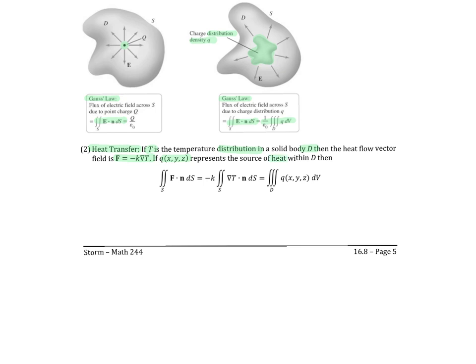So it's similar to that other diagram where Q was a point charge. Well, this would be the same thing, but instead it's heat. Then you can use the following formula or integrals to compute the heat transfer or the flow of heat.